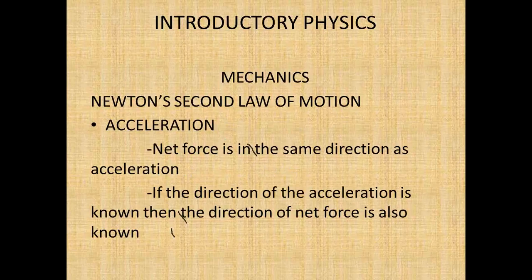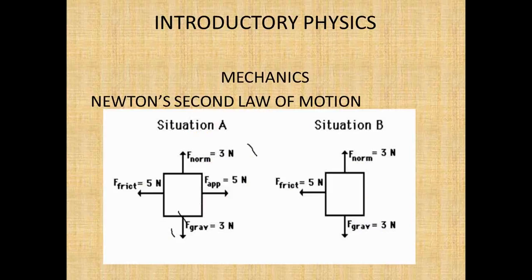So if the direction of the acceleration is known, then the direction of the net force is also known, and vice versa. These two statements are critical for you to fully analyze the motion of objects.